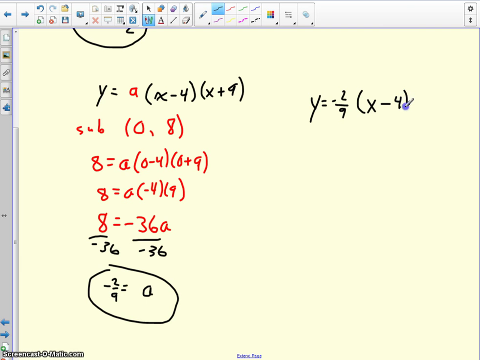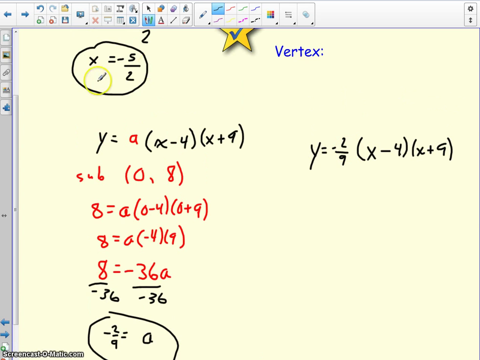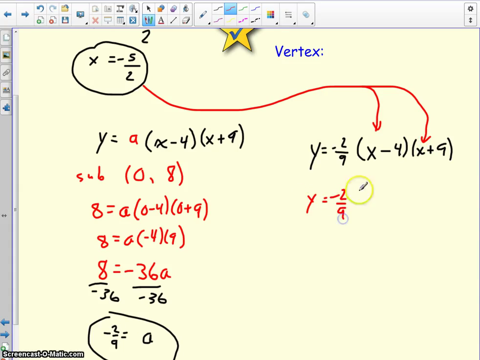Okay, and now that I have this, I can actually go and finish finding my vertex. Okay, so I have the x value of my vertex, it's my axis of symmetry, it's negative 5 over 2. I can now substitute that into the equation for x, and actually then solve for my y. Okay, so negative 5 over 2 minus 4, and negative 5 over 2 plus 9. And we just need to work through all these fractions.